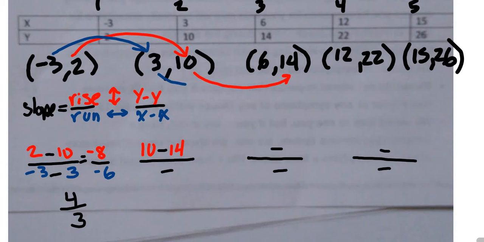And then x minus x, 3 and 6. Taking a look here, this ends up being -4 over -3. Double negative makes a positive. We have 4/3.